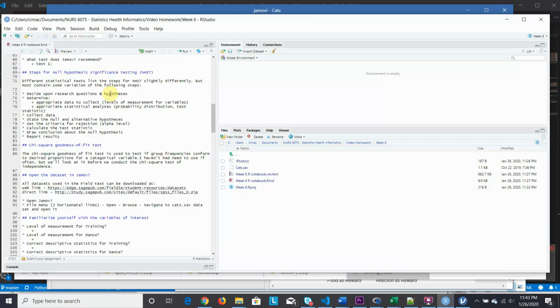But that doesn't really tell us much specifically for the statistics. We're going to get into that in just a second. But that's a research hypothesis.